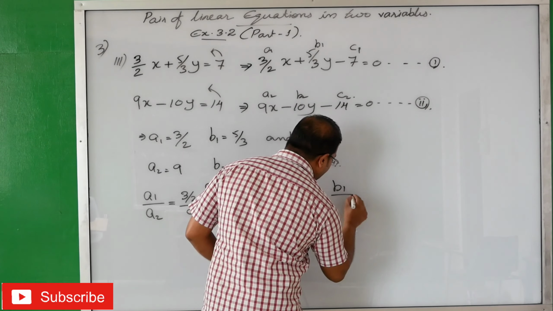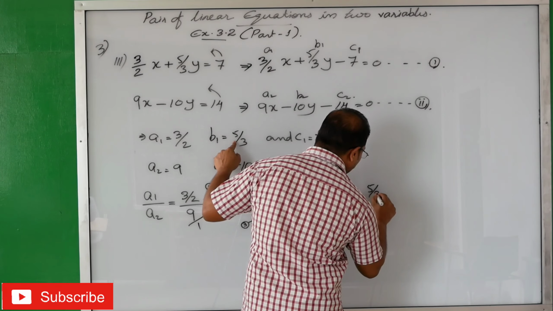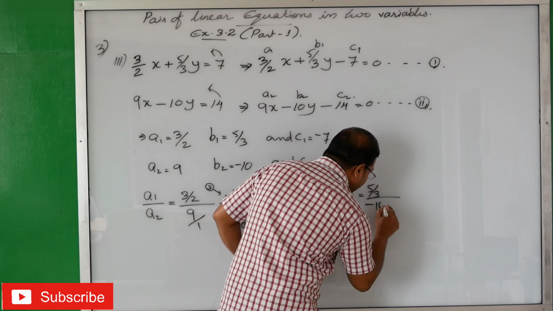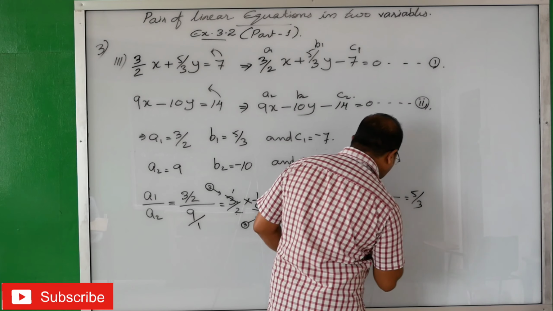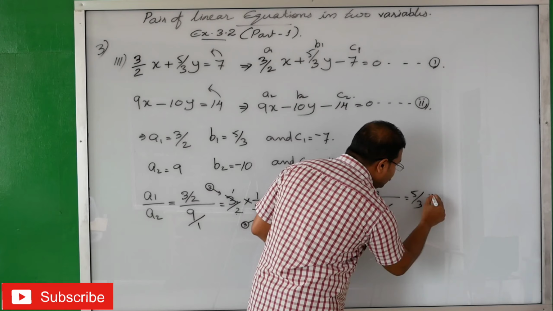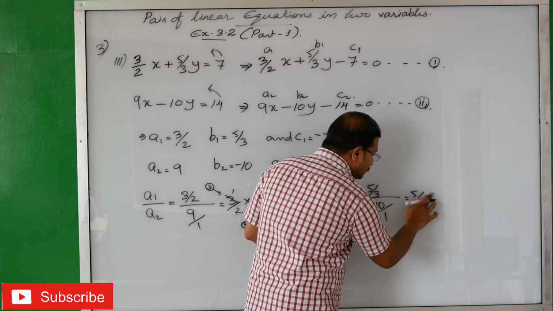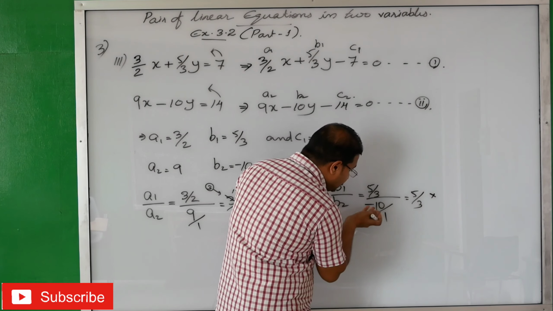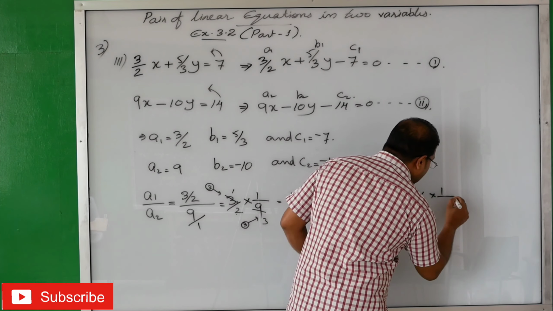Ready? Now what will you do? B1 by B2. What is the value of B1? That is 5 by 3 divided by minus 10. Minus 10 you can write as minus 10 by 1. If I convert this division into multiplication, this 10 by 1 will convert into 1 by 10.